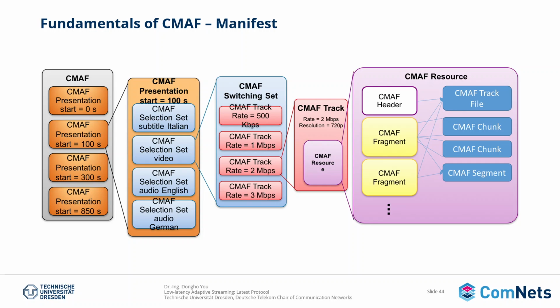The functionality of selection set and switching set of CMAF is implemented as adaptation set within DASH. A CMAF track basically corresponds to a DASH representation switchable within a CMAF switching set or DASH adaptation set respectively.